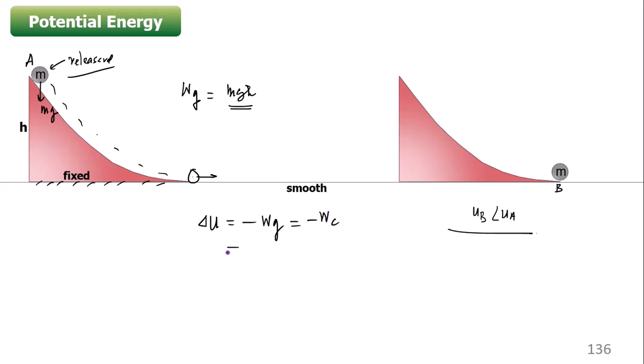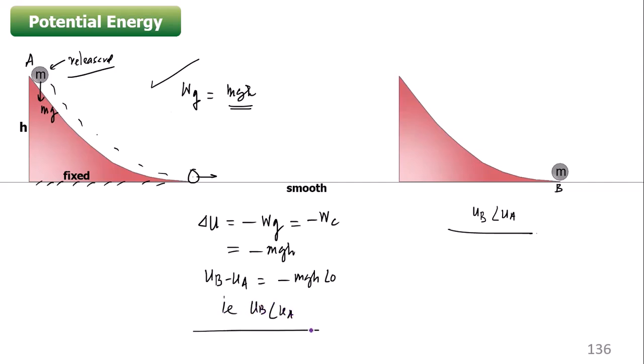The work done by gravity is mgh, so its negative is minus mgh. Delta is final minus initial, U_B minus U_A. So clearly it is observed that U_B minus U_A is minus mgh. That is negative. Okay, so U_B is always going to be less than U_A.